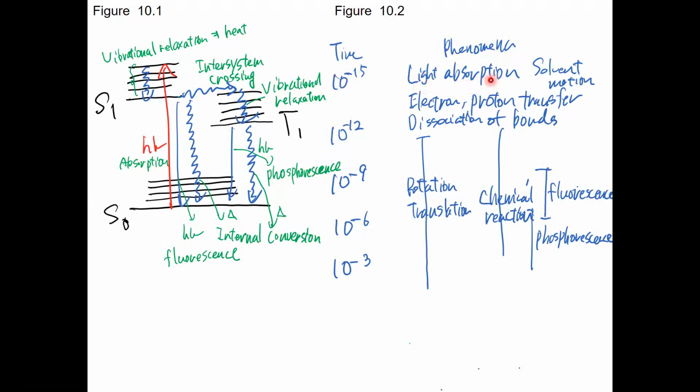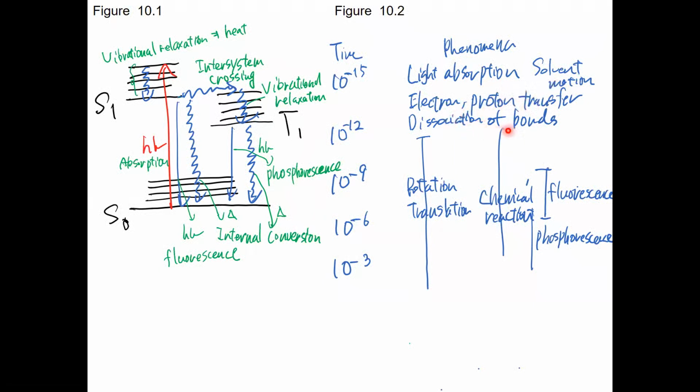Around this time, if the molecules are in a solution, the solvent molecules move around to optimize the structure, which is solvent motion. Also, at the initial stage, electron or proton transfer happens on the order of femtosecond to picosecond.